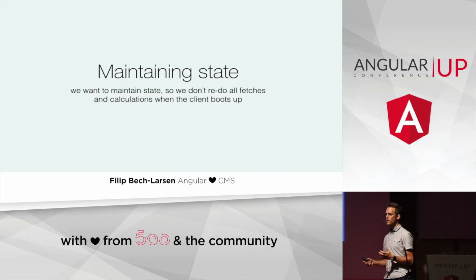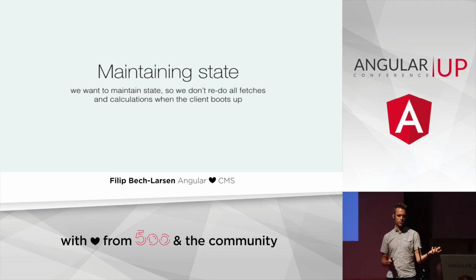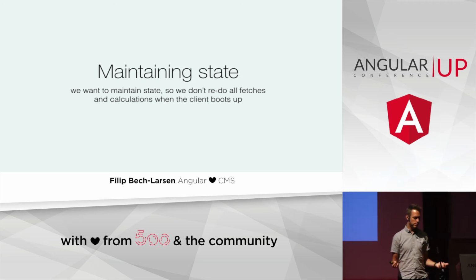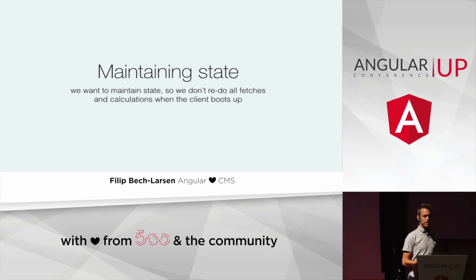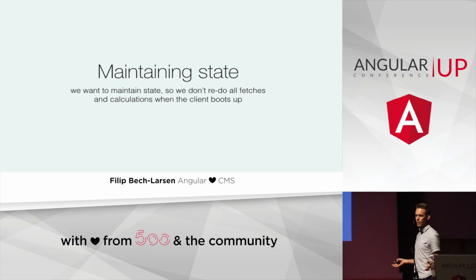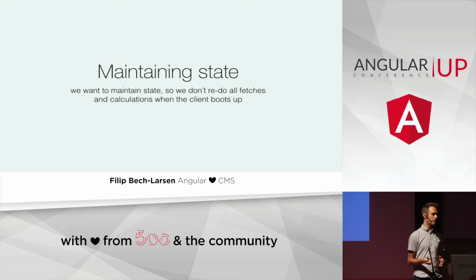So we kind of want a way to maintain state from the server generated code out into the client. And at the time, there was no way to do this. I found a project called the State Transfer Service, and this was the project that eventually became part of core.